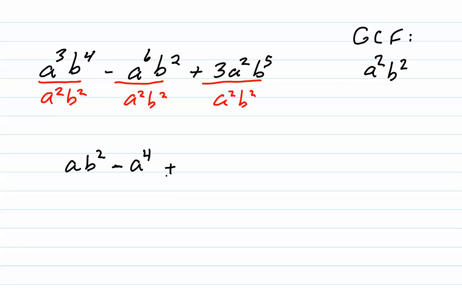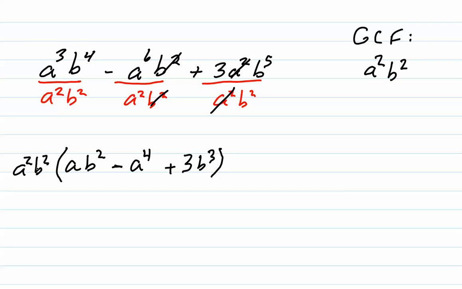And then the third term, there's nothing to divide the 3 out, so we just bring that down. The a squared over a squared, those factor out or divide out, same thing as the b squared's. And then the b to the fifth over b squared leaves you b cubed. Now to write this correctly, we need to make sure that we take into consideration that we had factored that out.